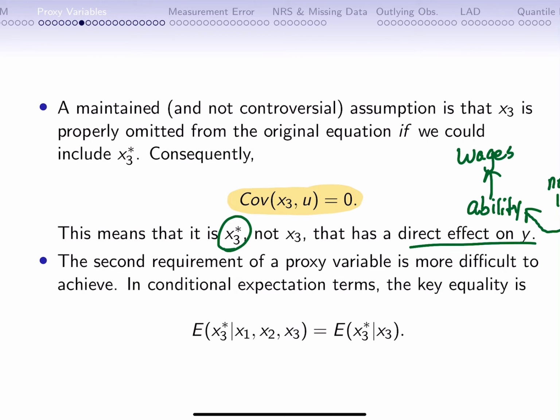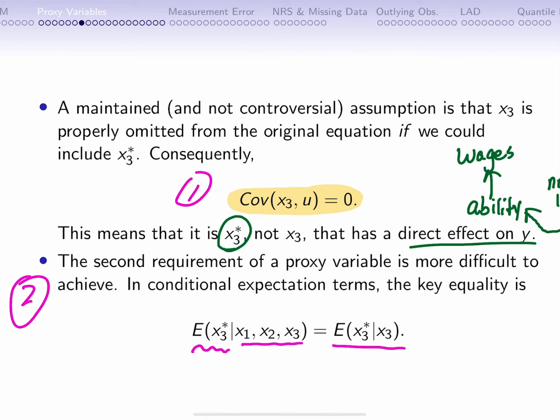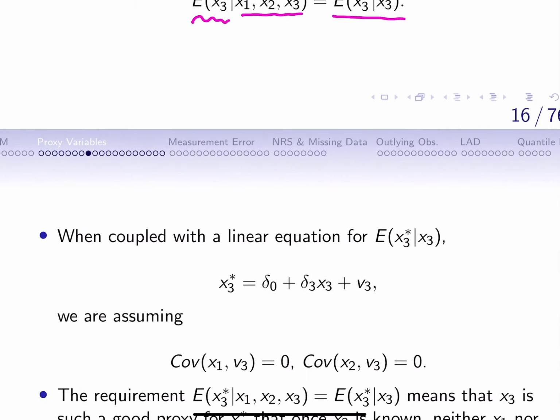The second requirement, so this is the first requirement, the second requirement of a proxy variable is more difficult to achieve. So we basically say that the conditional mean of x3 star, when we condition it on all these x's, including the proxy, should just be equal to the conditional mean of x3 star given x3, given the proxy, okay?